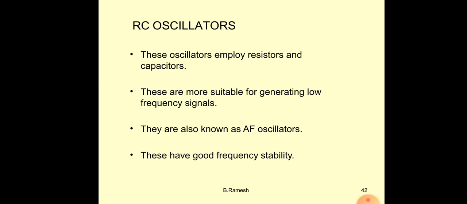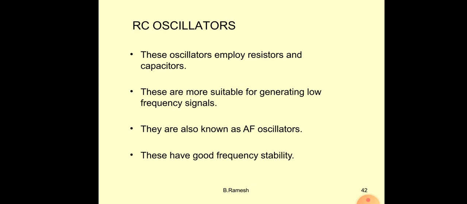RC oscillators. An RC oscillator is an oscillatory circuit made with the components resistor and capacitor. This oscillator employs resistors and capacitors. These are more suitable for generating low frequency signals.